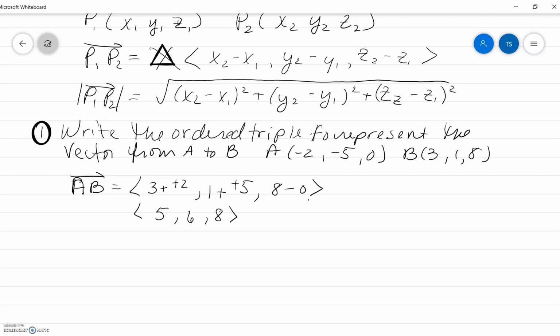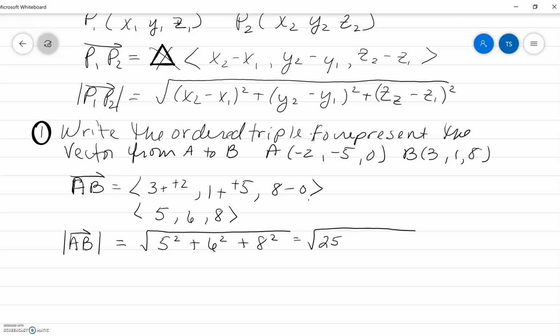Once you have the ordered triple, to find the magnitude, the magnitude of vector AB is simply the square root of 5 squared plus 6 squared plus 8 squared, which is the square root of 25 plus 36 plus 64, square root of 125.